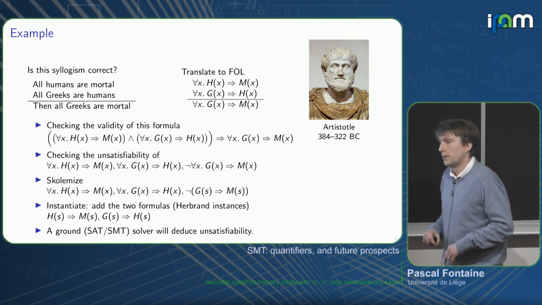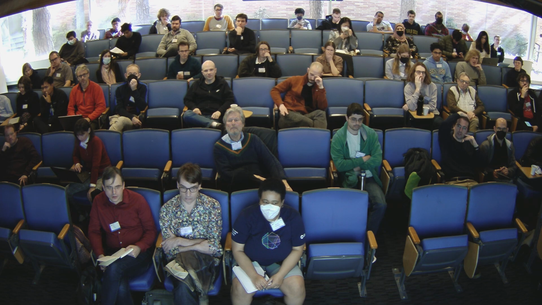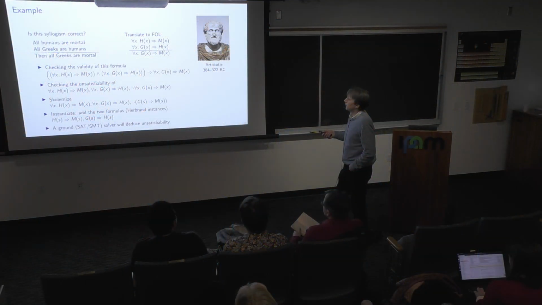Can you explain this Skolemize? What is this? Basically, you can invert this, so this universal quantifier is actually an existential quantifier. Not for all means there exists some x such that this must be true, and then you give it a name.